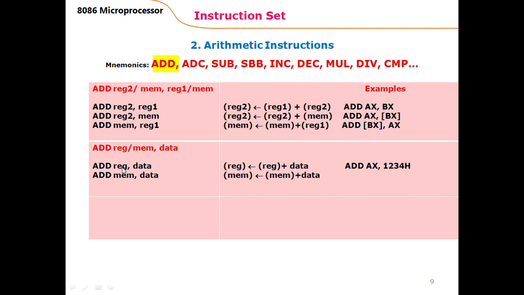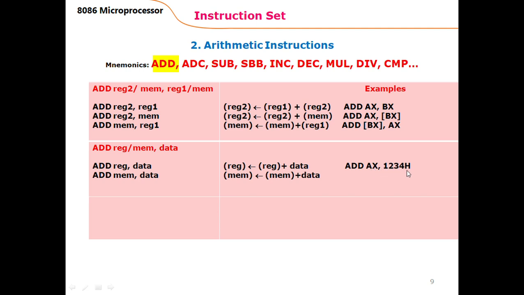An example of this form of instruction is: ADD AX, 1234H. So 1234H is the immediate data, and this 16-bit immediate data is added with the AX register, and the result is stored back into the AX register.